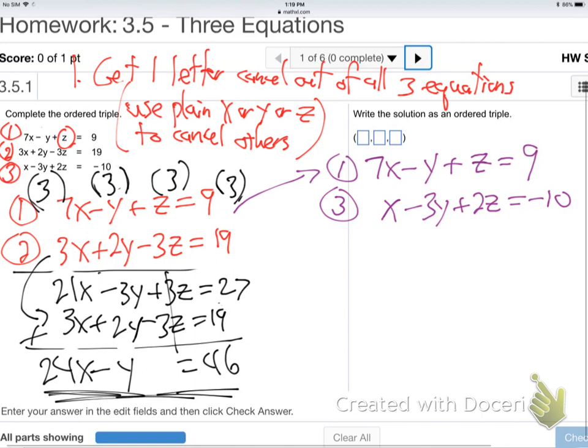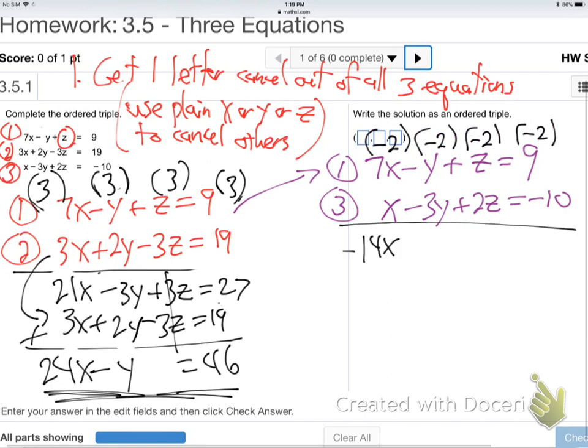-2 on that top equation. We have minus 14x plus 2. Careful with your signs.